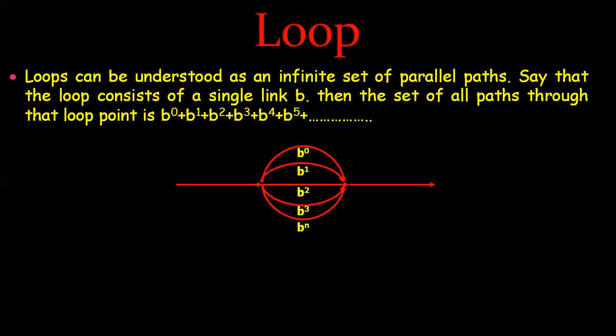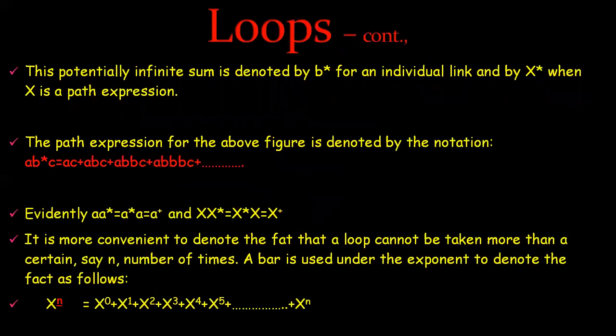So this potentiality of infinite sum we will denote by using B star. That is the star closure, what we have learned in finite automata theory.